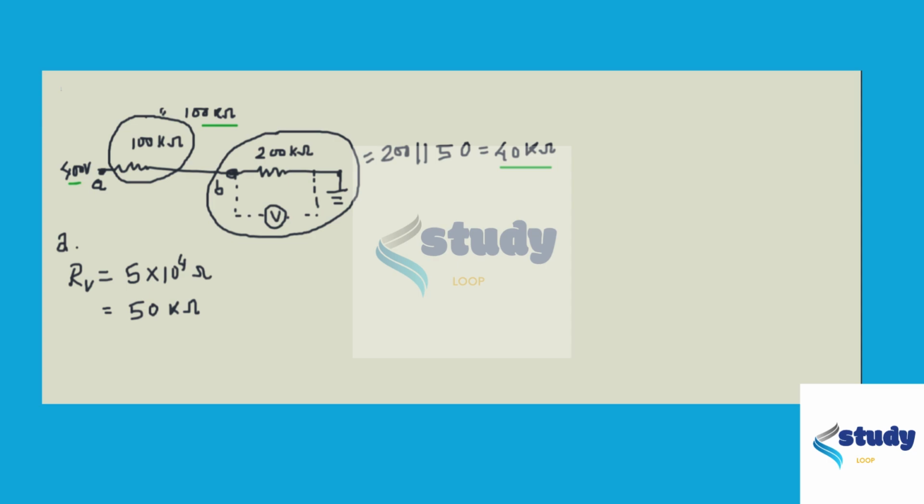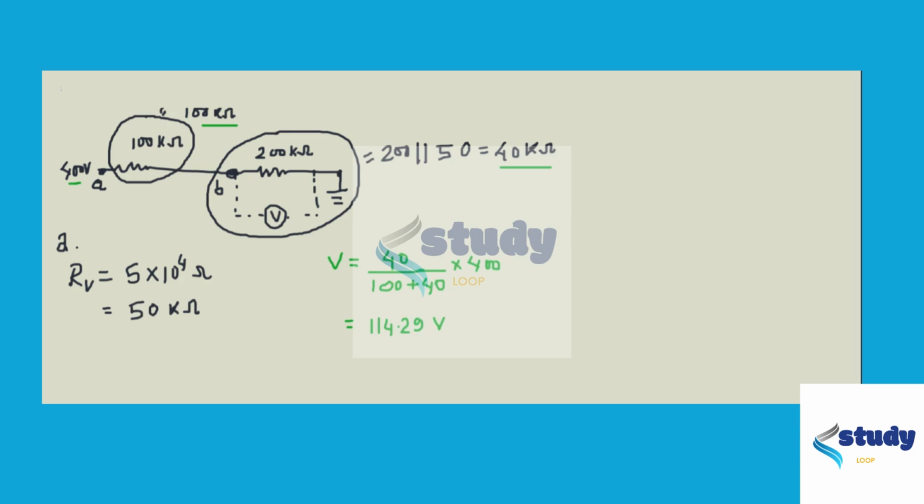So the voltage V that we need to determine, which the voltmeter measures, is equal to 40 upon 100 plus 40, into how much? The total voltage is 400, so into 400. This gives me the voltmeter reading of 114.29 volts, right? So we are done with part A of the question.